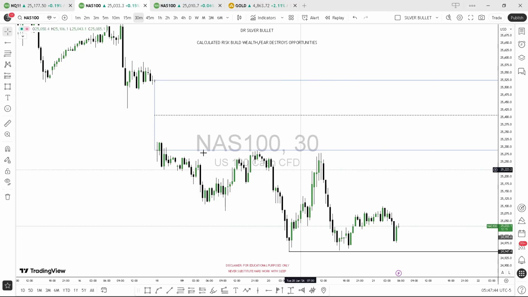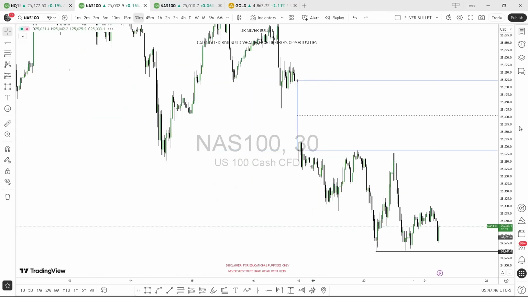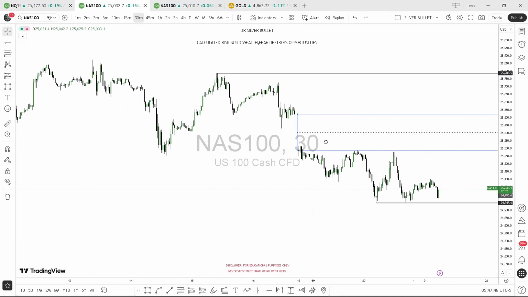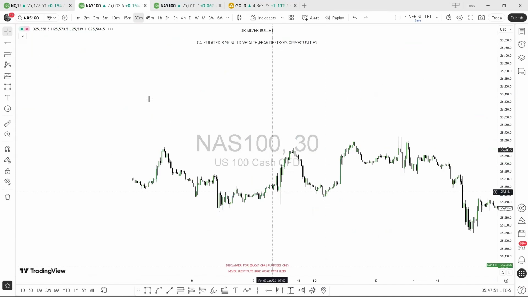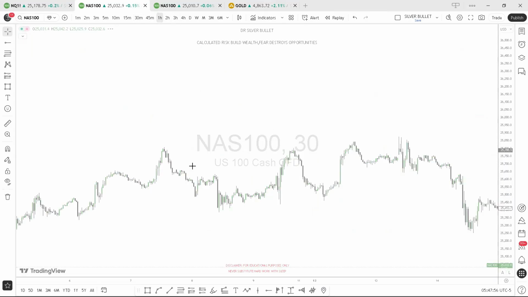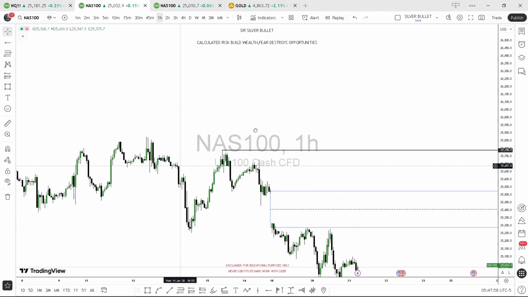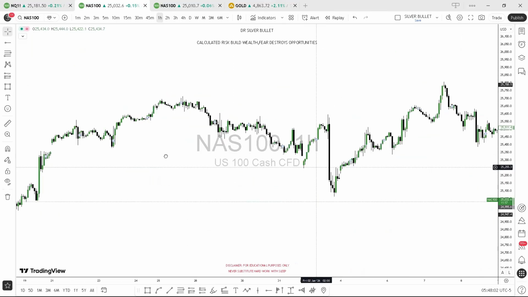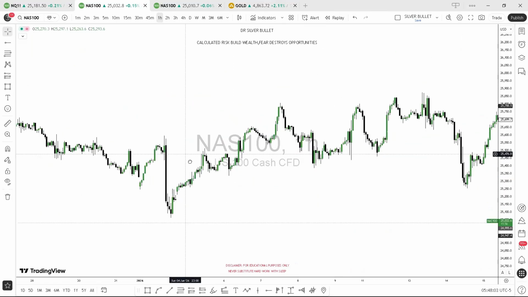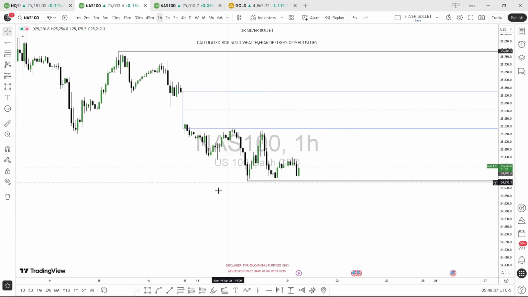Let us look for another example whereby the market came back to it and used that gap. So we have two types of gap: the new week opening gap and the new day opening gap. A new day opening gap is like for a session.